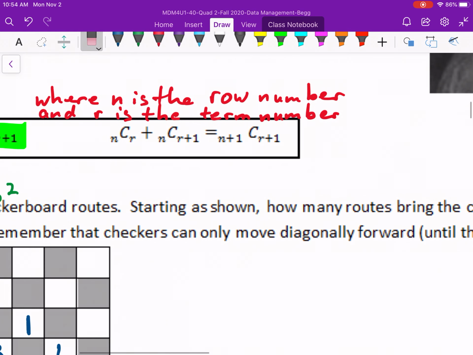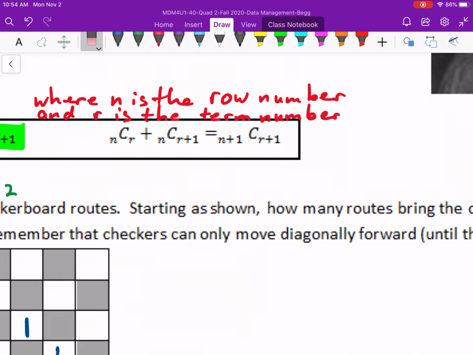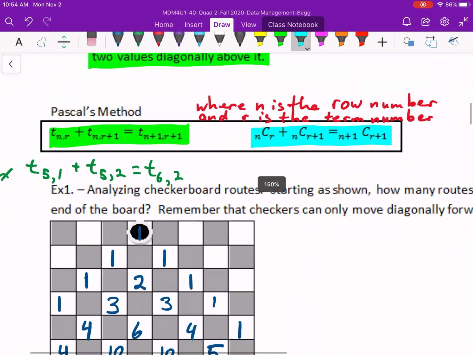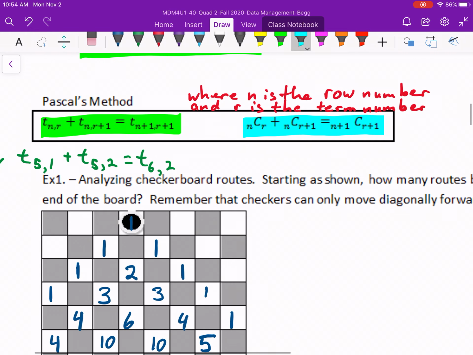Oh, before I move on, I haven't talked about this version of Pascal's method, but hopefully if you understood what I did in green, highlighted on the left, you'll understand that nCr plus nCr+1 equals n+1 Cr+1 is really just showing us how we can take two side-by-side elements in the table, and then we get an element that's between them in the row below. So check that out.